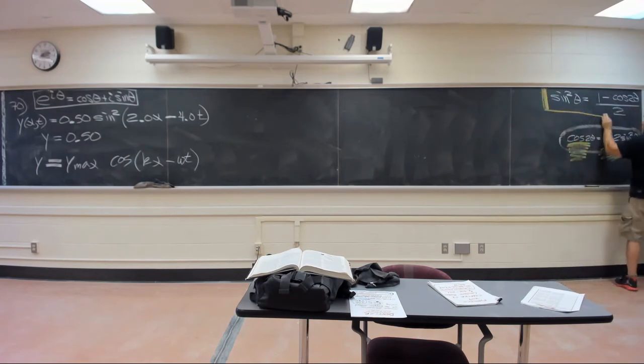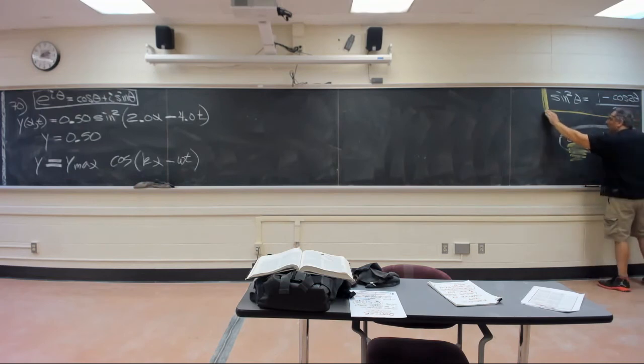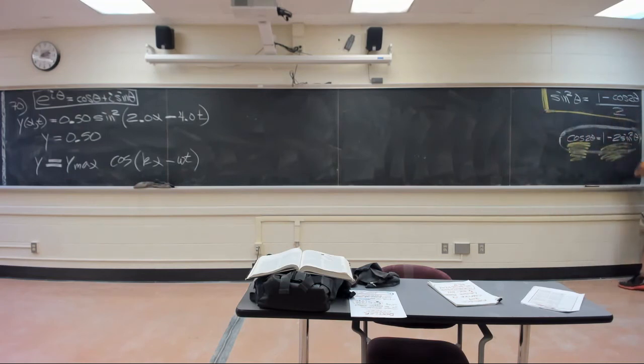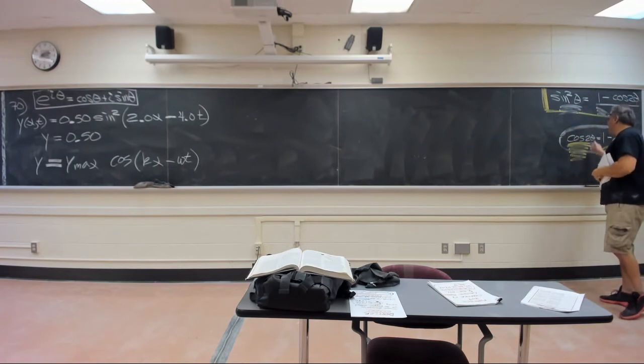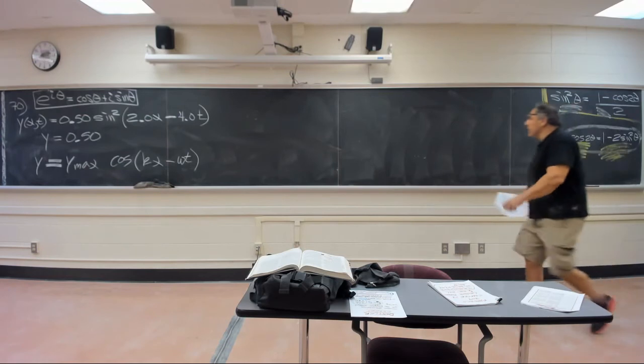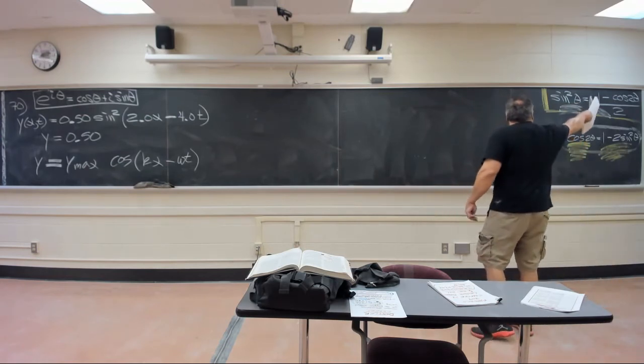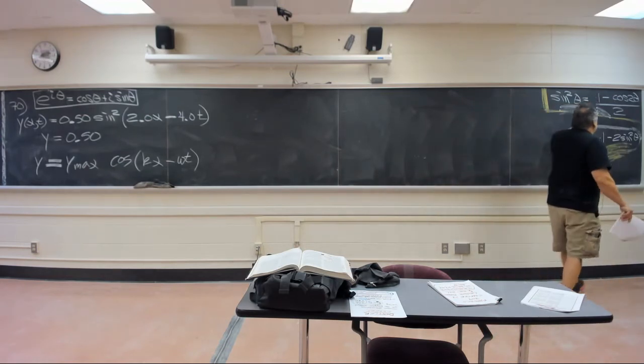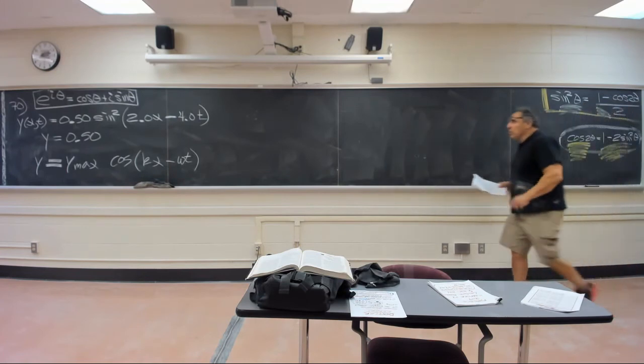So for this one right here, let's go with that. They gave us this. From this we can get that. From that we can get this. No big deal. Sine squared, you're going to put all that stuff over to the far right. 1 minus cosine 2 theta over 2.